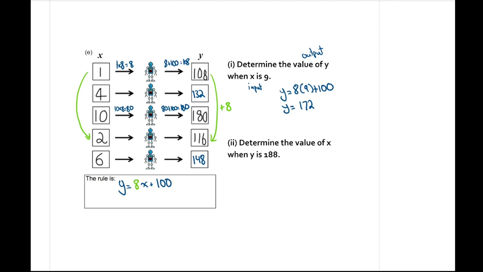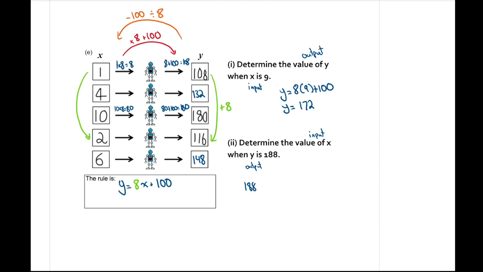To determine the value of x, or your input, when the output is 188, now we're going to go in reverse. So we know going one way was multiply by 8 and add 100. Going in reverse, we're going to do the exact opposite: minus 100, and then divide by 8.